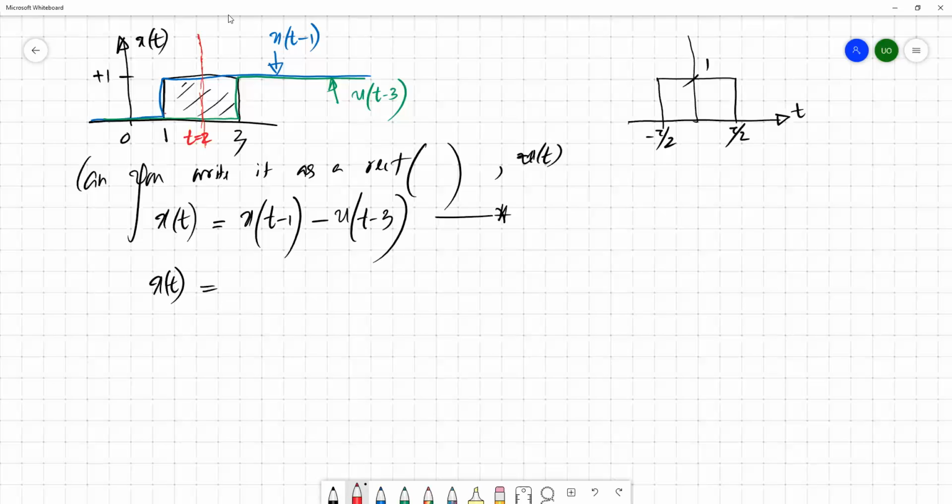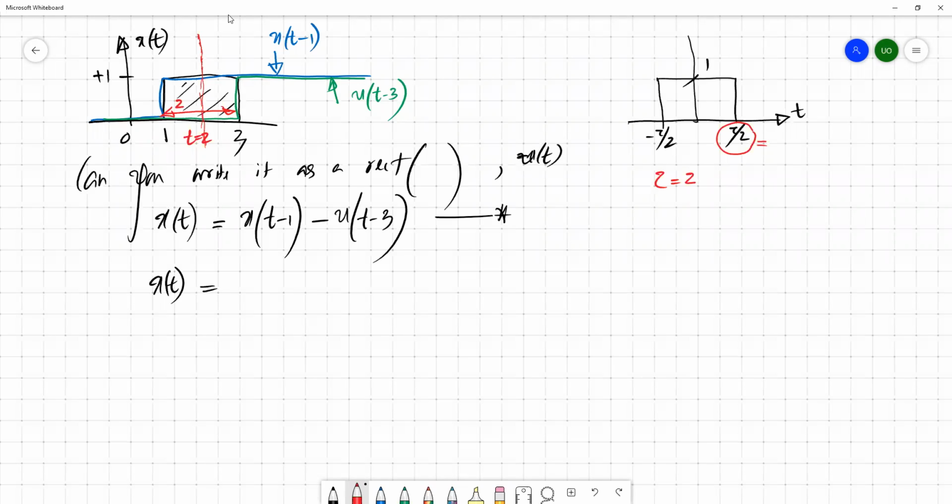So the pulse width is actually 2. Once you map it to this, tau equals 2, so tau by 2 becomes 1.